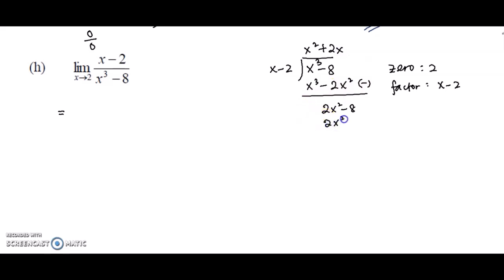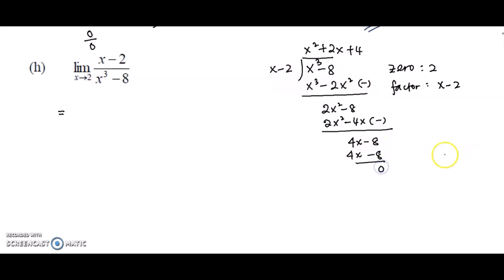Positive 2x multiplied by x, you got 2x squared. 2x multiplied by negative 2, you got negative 4x. Then minus again. 2x squared minus 2x squared, you got 0. Negative 8 minus negative 4x, you got positive 4x minus 8. Divide again, you get a 4. 4 multiplied by x, you got 4x. And 4 multiplied by negative 2, you got negative 8.